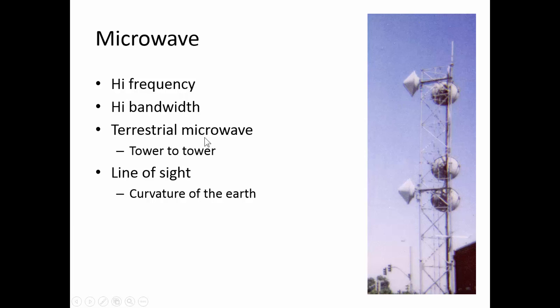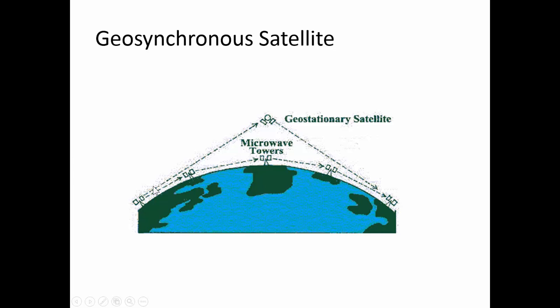And when we say terrestrial microwave, we mean tower to tower. And microwave uses line of sight, so the towers can be just so far apart due to the curvature of the Earth. Due to the curvature of the Earth, if you want to communicate a long way from one microwave tower to the other, since it's line of sight, you have to have a string of microwave towers to overcome the curvature of the Earth.